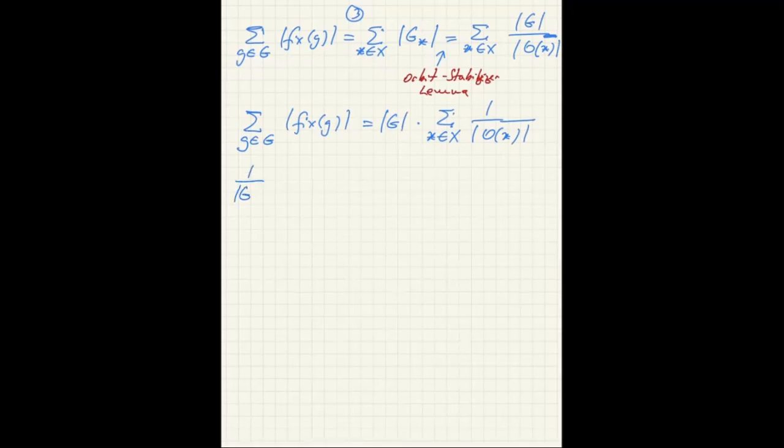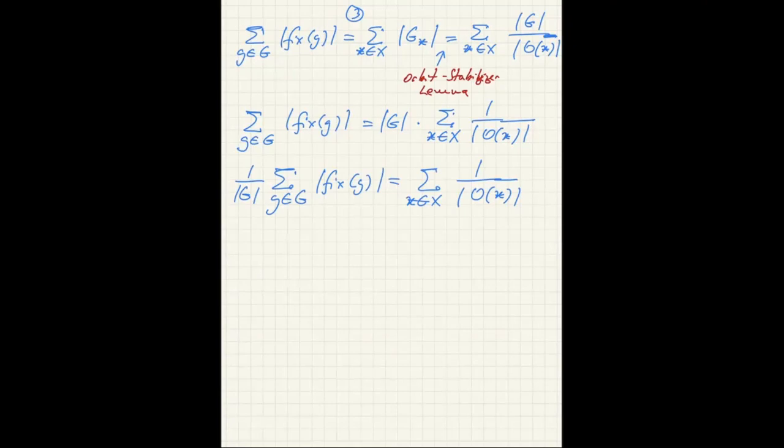So we have that the average number of fixed points equals the summation over all elements in X of 1 over the cardinality of the orbit of x. Now this doesn't look like the number of orbits, but you can look at this summation on the right-hand side in a different way.